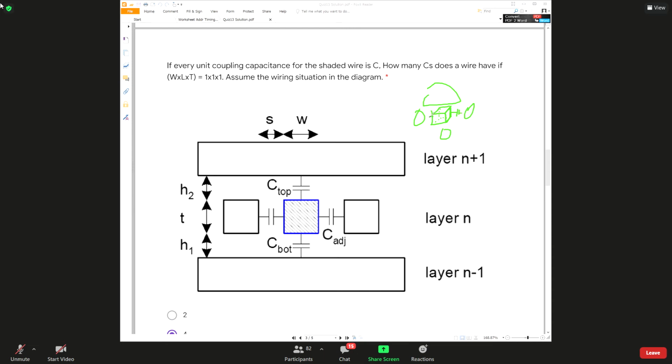So 1 here, 1 on the other side, 1 on the top, and 1 on the bottom. You're going to end up with a total of 4 units worth of capacitance. That's easy to see, right?